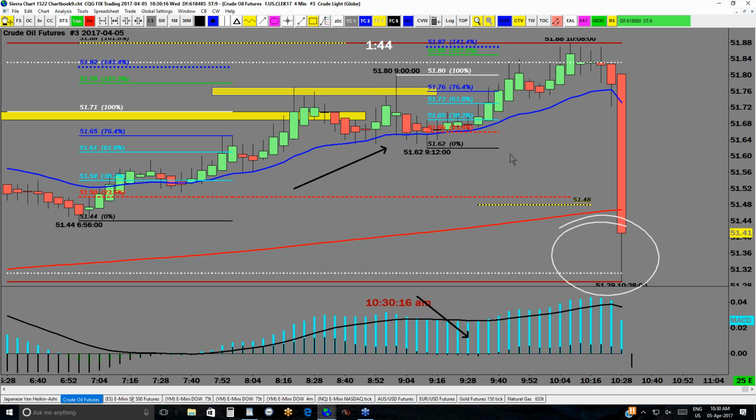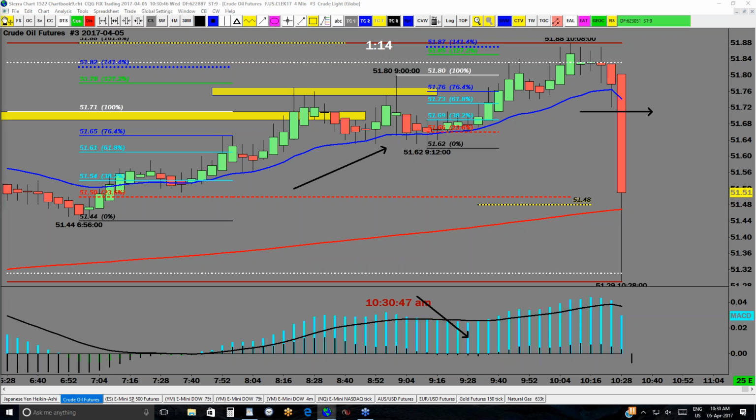So now we're looking for a pullback to here in about a minute's time. Should get a pretty good pullback, probably all the way back up into approximately here. So we're getting a little bit more pullback already. And so 5148.